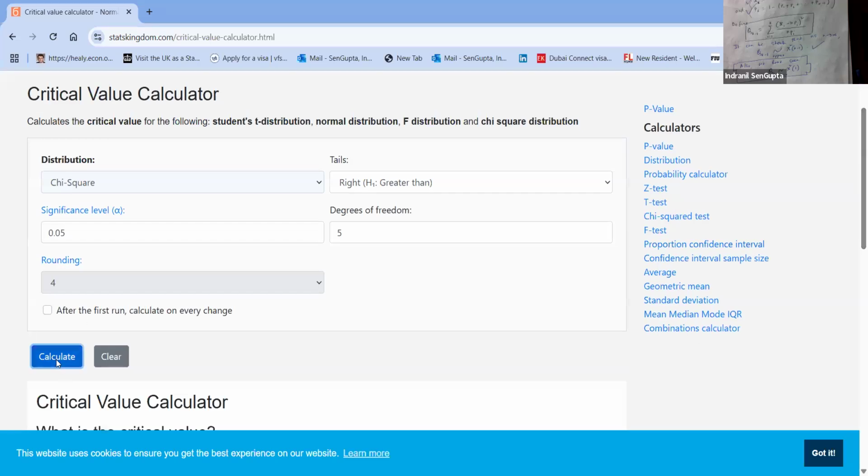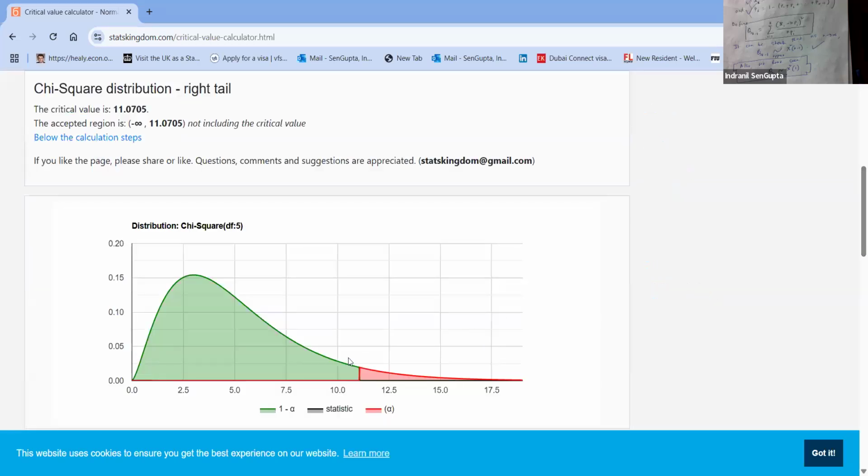Now if you calculate this, you'll see a picture. This picture shows a chi-square distribution with degrees of freedom 5, and the critical value is 11.0705. Which one is this? It's this number right here, this value, 11.0705.